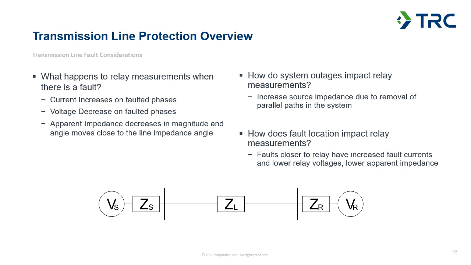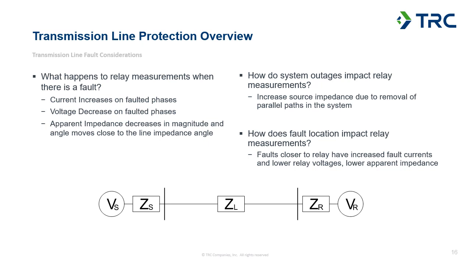Basically, that's going to impact the impedance the relay sees between it and the fault. So if you have a three-phase fault at 50% of the line, the impedance between the relay and the fault is going to be half of that ZL quantity. If it's 90% of the way down the line, it's 90% of ZL.